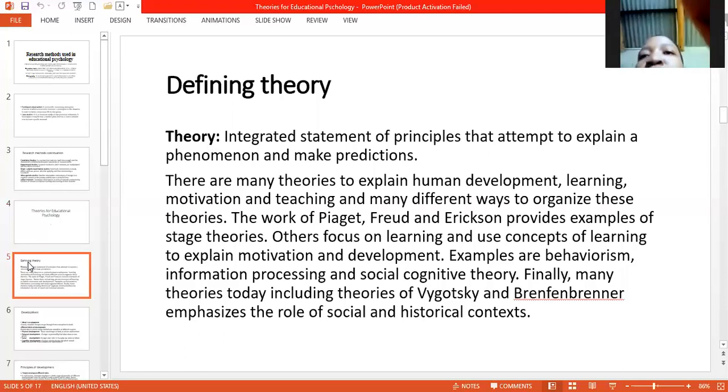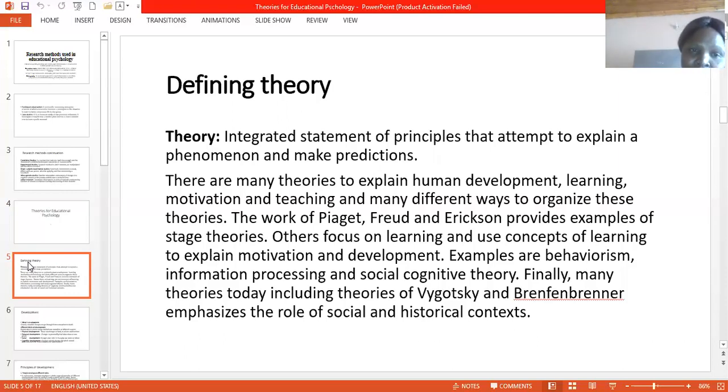This is an integrated statement of principles that attempt to explain a phenomenon and make predictions. A lot of principles are integrated in order to explain the phenomenon, and later on predictions are made.